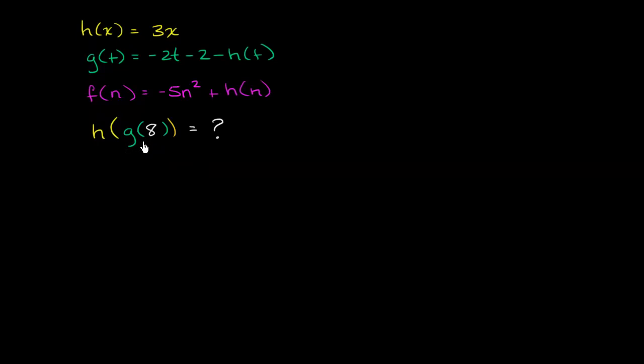And this can be very daunting, but we just have to remember that a function is something that takes an input and gives you an output for it. This somewhat convoluted looking statement is another way of saying, look, we're going to take the number 8, and we are going to input it into the function g, and then that is going to produce g of 8.